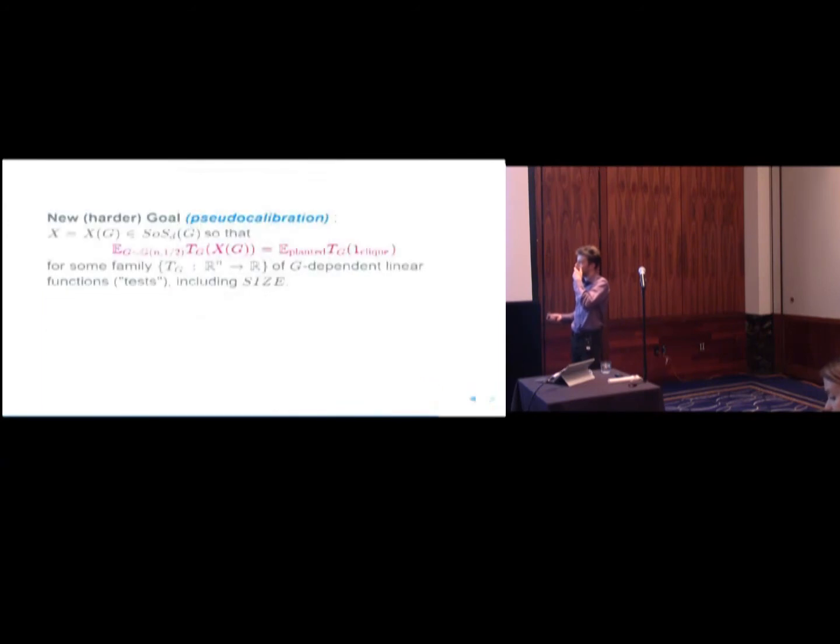Okay, and here's a little bit more formally what I mean. Suppose I have some family of test functions, t sub g. These are functions that take a point in whatever space my relaxation lives in and give me a real number.